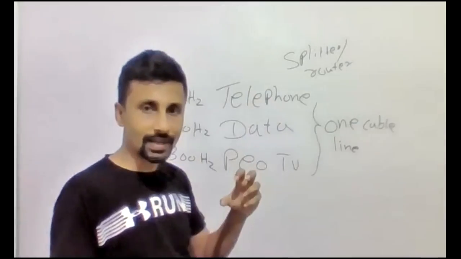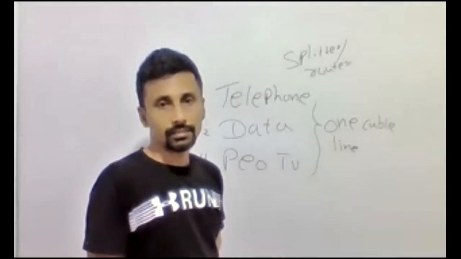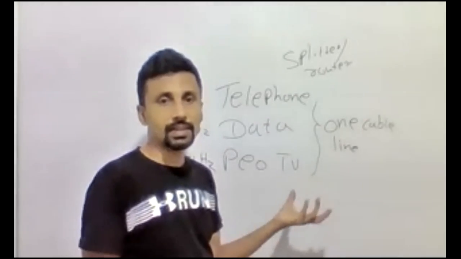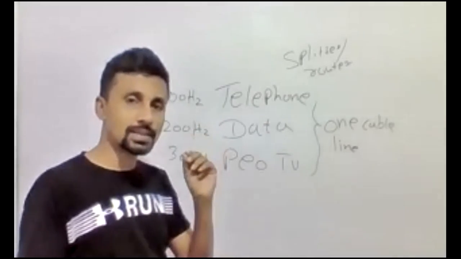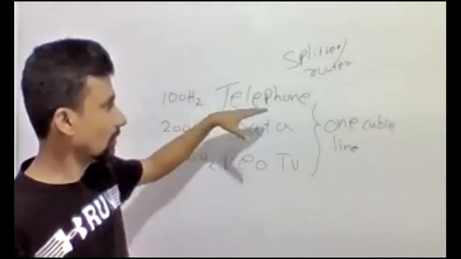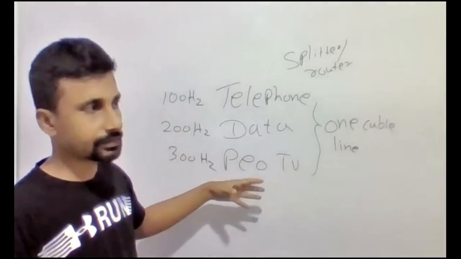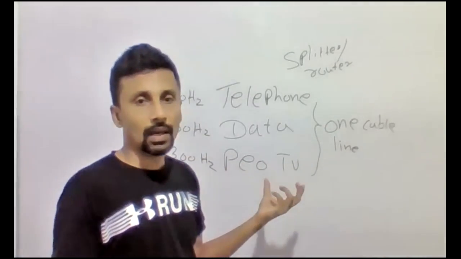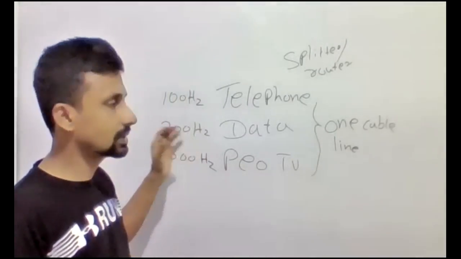If this mechanism is happening inside the splitter, then there is no problem. It is not mixing, so all the signals can be separated for the telephone, the internet, or the POTV. This is called frequency division multiplexing.